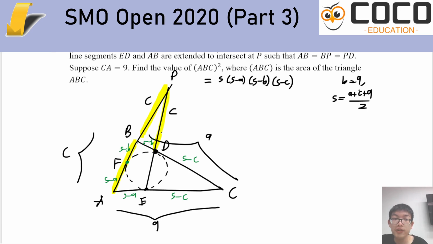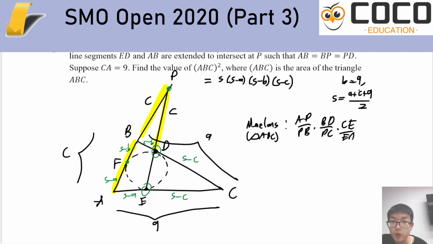So I'll start off with the most straightforward use of Menelaus, which is in triangle ABC. Menelaus theorem is just looping around the triangle and stopping over at three collinear points that lie on the three sides, which are P, D, and E. So AP over PB times BD over DC times CE over EA equals 1.